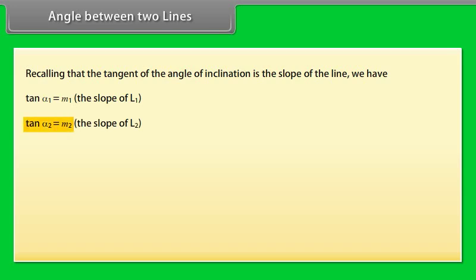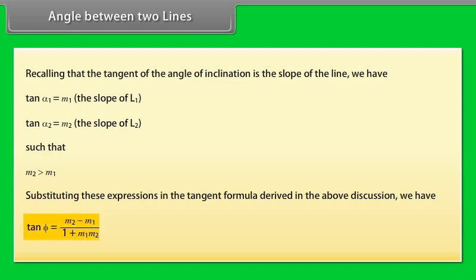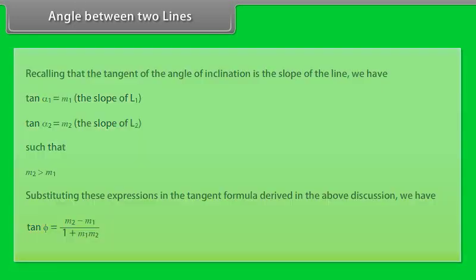Tan alpha 2 is equal to m2, that is the slope of L2, such that m2 is greater than m1. Substituting these expressions in the tangent formula derived in the above discussion, we have tan phi is equal to (m2 minus m1) divided by (1 plus m1 into m2).